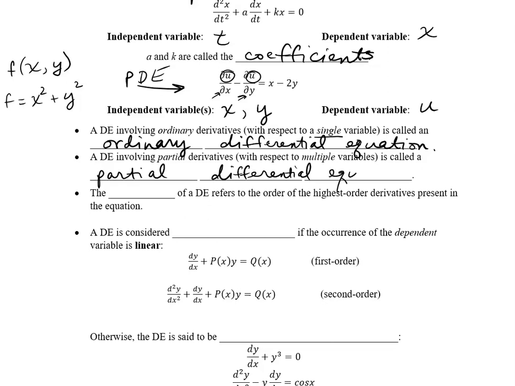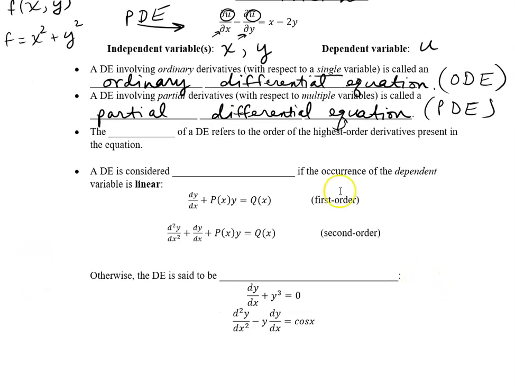A lot of times we abbreviate this as a PDE, as I just wrote above, and an ordinary differential equation, which is most of what we're going to work with, is called an ODE. Sometimes we'll write that.